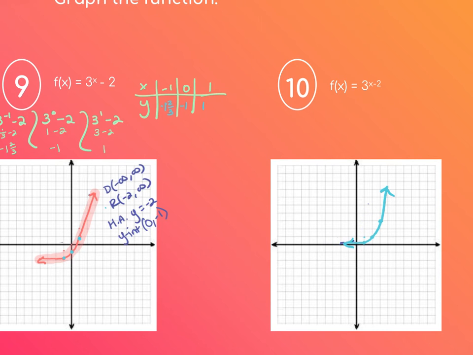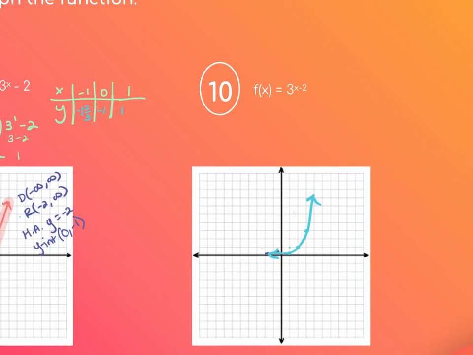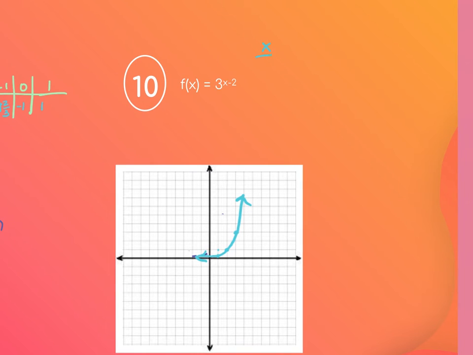Or I can plug those points in. So 3 to the negative 1 minus 2, 3 to the 0 minus 2, and 3 to the first minus 2, or 1 minus 2. So this is 3 to the negative 3. 3 times 3 times 3 is 27, but it's in the denominator.